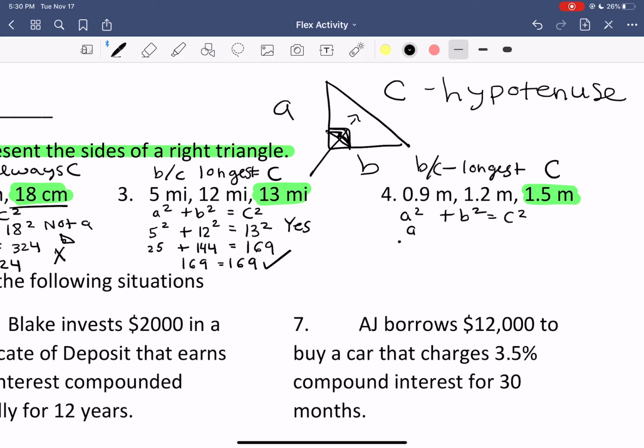We have 0.9 squared plus 1.2 squared equals 1.5 squared. 0.9 squared gives us 0.81, 1.2 squared gives us 1.44, and 1.5 squared gives us 2.25. Adding 0.81 to 1.44, we get 2.25, and 2.25 equals 2.25, so yes, we have a right triangle.